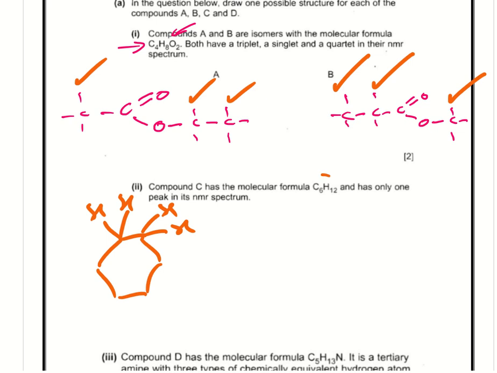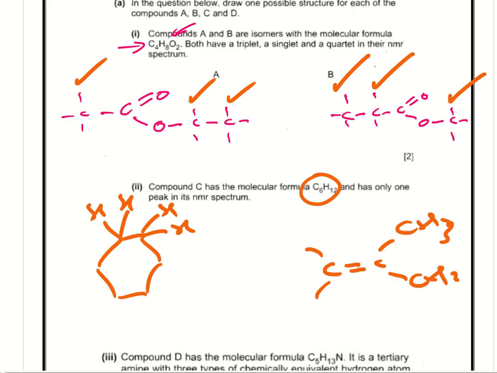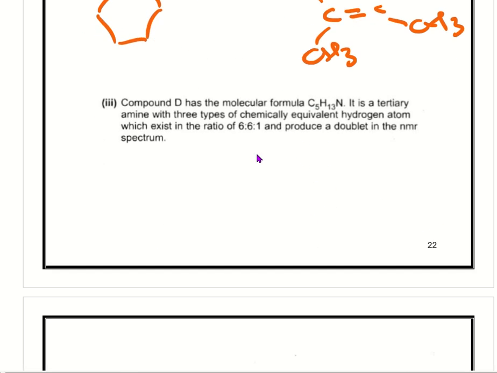If you look at that, that will make C6H12, and it will only have 1 singlet. Now I think you can do this another way by doing this with a CH3 here, a CH3 here, a CH3 here, and a CH3 here, and that still fits C6H12. We'd only have 1 peak, so you need to be a wee bit creative for that one, guys. Okay, hopefully you get that.